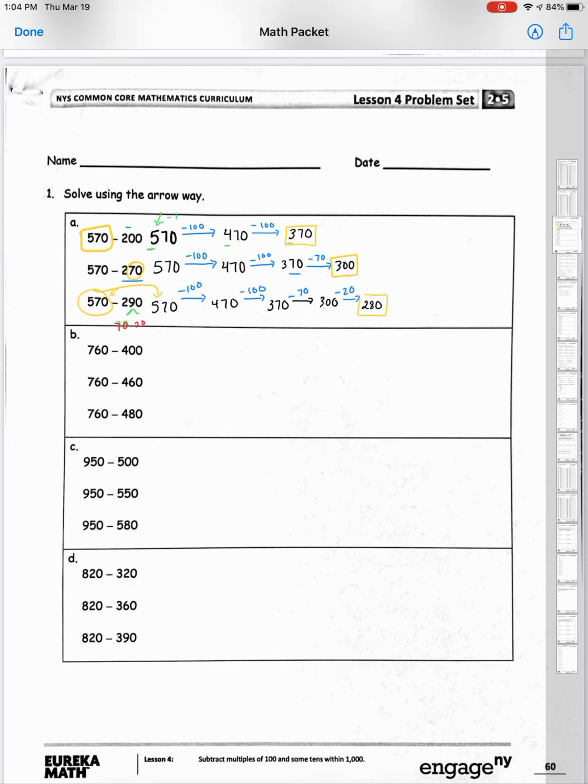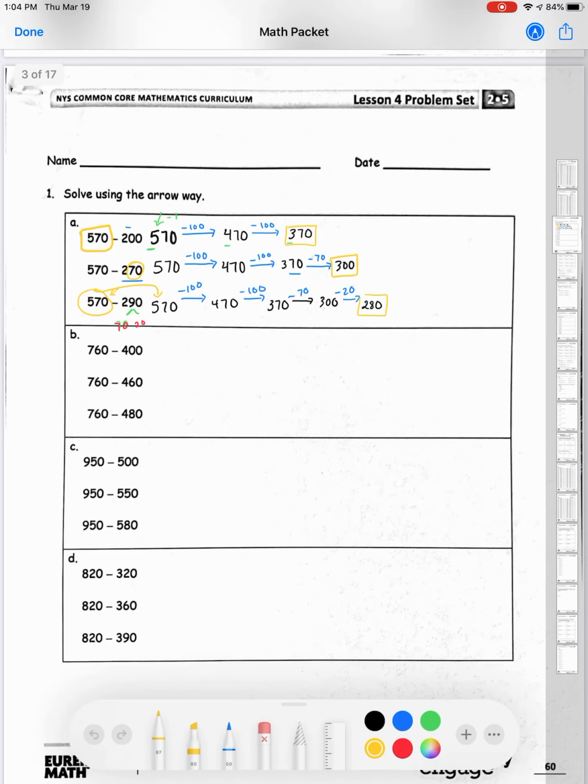So let me make sure that I have my markup and it's ready to go. And I'm not going to do the different colors only in the interest of time. So I have 760 and I'm going to subtract the arrow away 100.